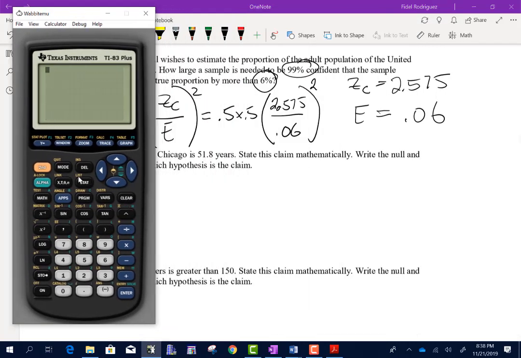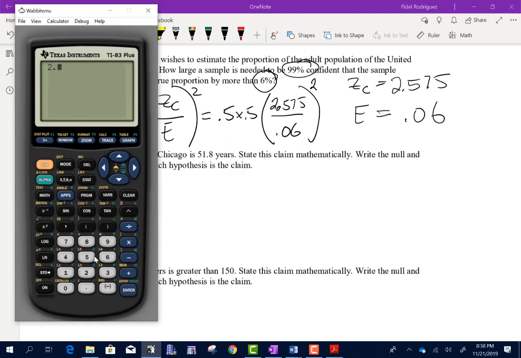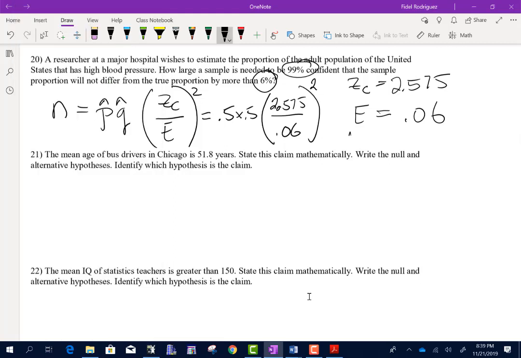Let me clear all this. 2.575 divided by 0.06 equals all that. We're going to square it, then multiply it by 0.5, and then multiply it by another 0.5. And I want to say that when I rounded this up, I rounded it up to 461.